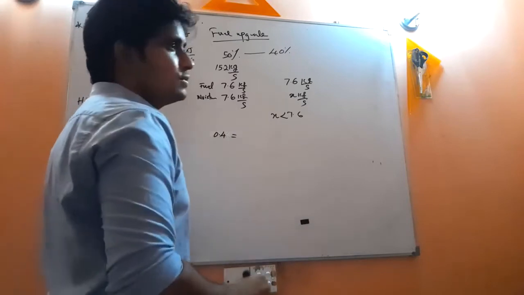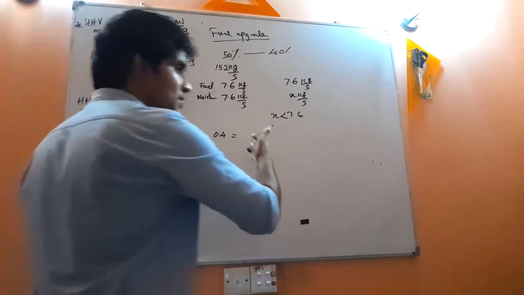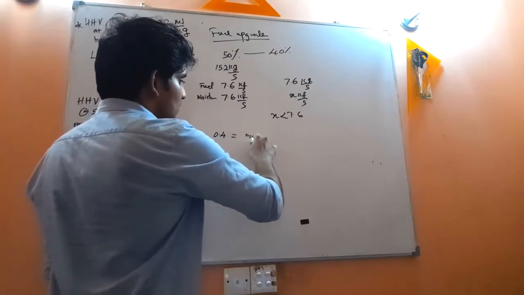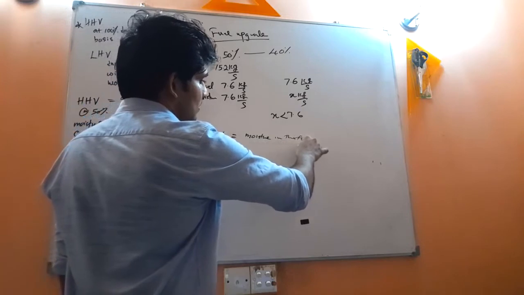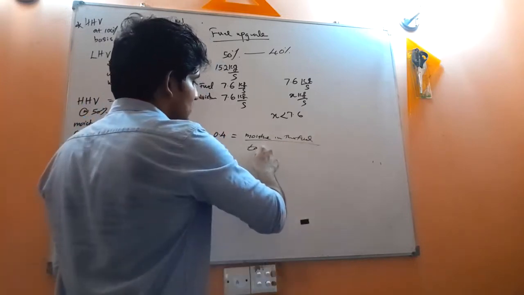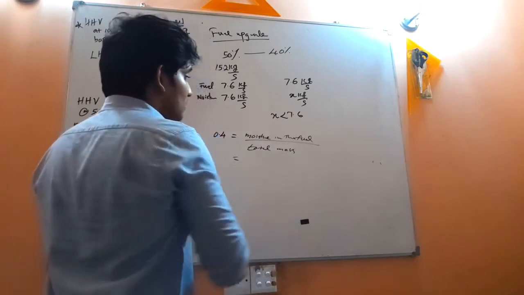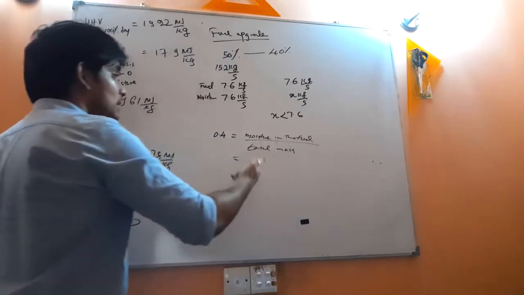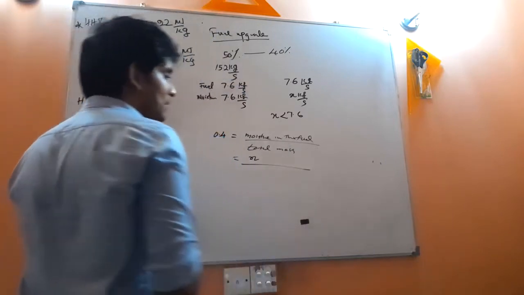So what is the formula for that? Moisture percentage equals moisture present in the fuel divided by the total mass of the fuel package. The moisture present in the fuel we don't know, that is X, divided by total mass.